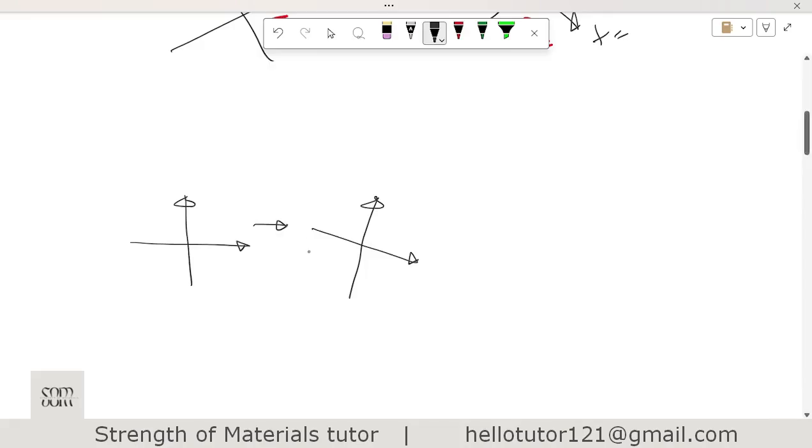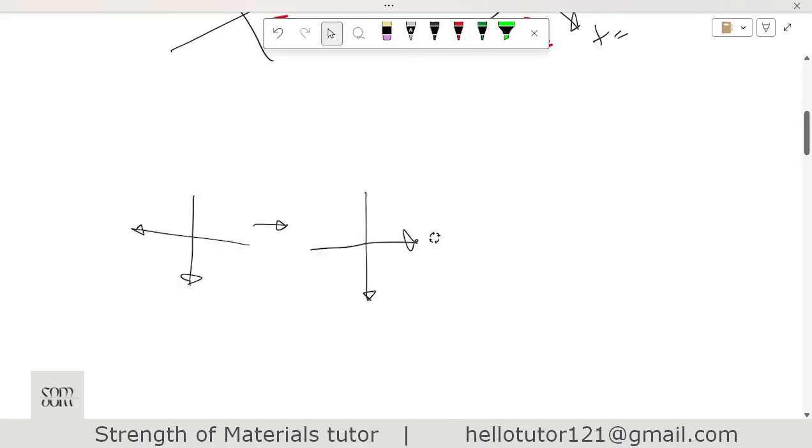If you want to understand it very well and solve advanced problems in plane stress transformation, you need to know this concept: it is irrespective of this. It can be any rotation.